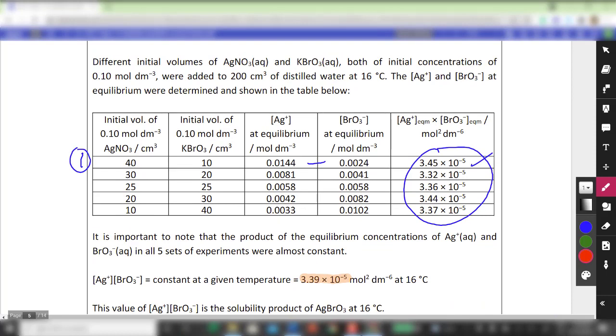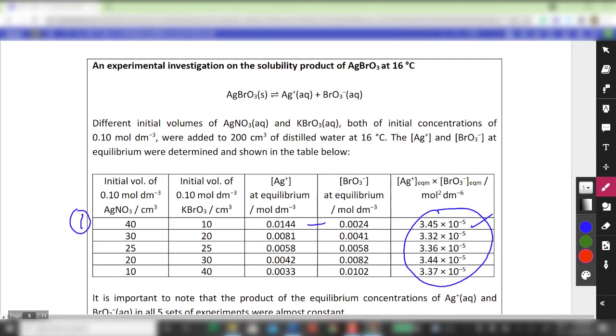Okay, so let's say in our case here, you can actually calculate the ionic product. But of course, you need to do some scaling. You notice that over here the phrasing is different: initial constant volumes of these two were added to 200 cubic centimeters of distilled water. So from here, you need to calculate the number of moles of silver plus. So you just scale it to 40.